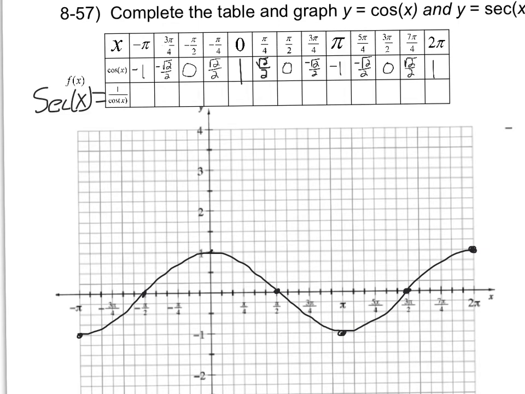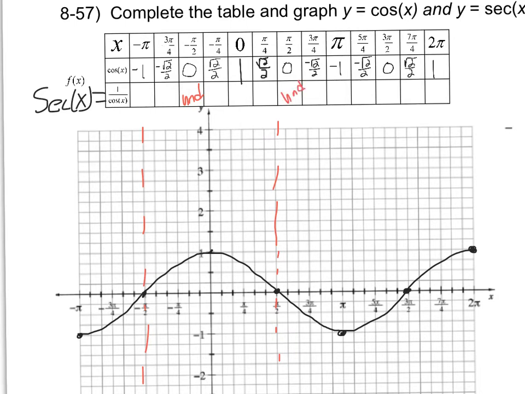The asymptotes for the secant, and we'll do the secant in yellow, are going to occur wherever the cosine is equal to 0. So there's where it's undefined. Here's another x-intercept, or where the cosine is equal to 0.